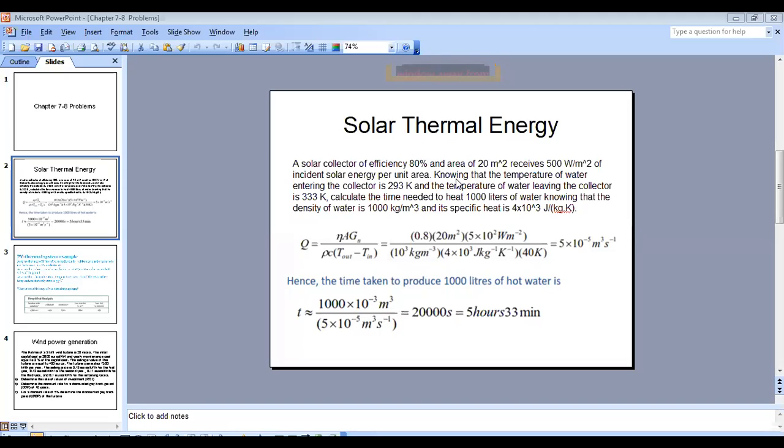For example, they can ask which of the following statements is true: wind energy is the most used renewable energy? No, the most used one is solar energy. Such things. If you read the slides two or three times, no need to know them by heart, but you will have the ideas clear in your mind.